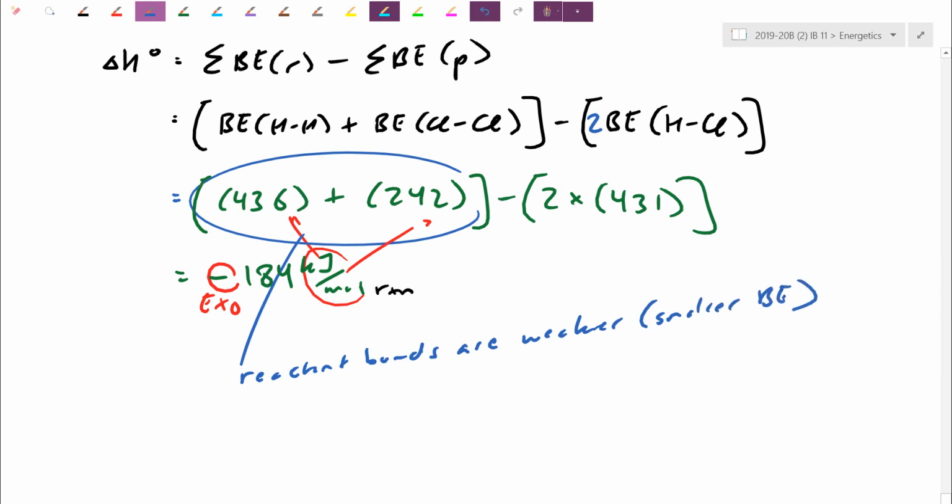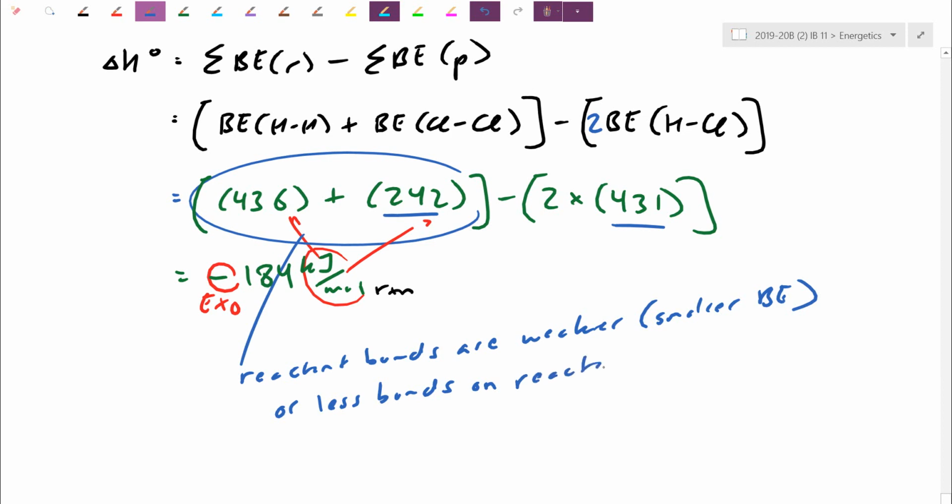That's true in one of these cases here. The Cl-Cl single bond was only 242 strong. The other one was some 431. Or the other implication here is because I'm adding up all the bonds that I'm breaking, maybe there's less bonds that I'm breaking. Bonds are weaker or there's less bonds on the reactant side.